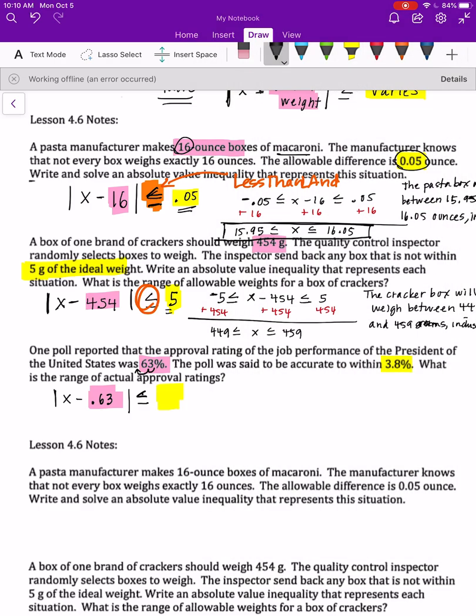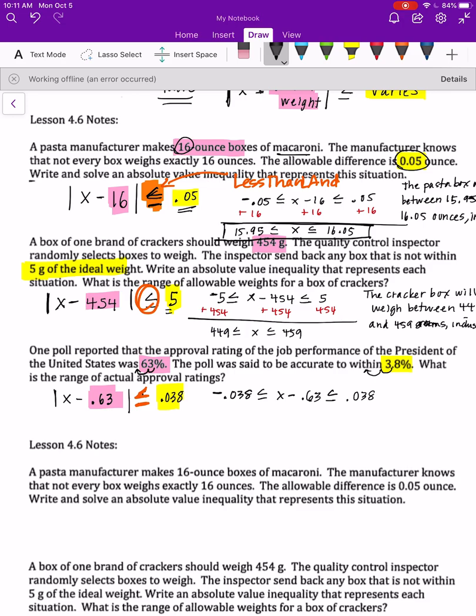Same thing, I can't leave it as a percent, so I move it 2 places to the left, and that'd be 0.038. And once again, you have a less than, so you can set it up as an and. Take the negative, so you would have negative 0.038 is less than or equal to x minus 0.63, which is less than or equal to 0.038, and you would solve.